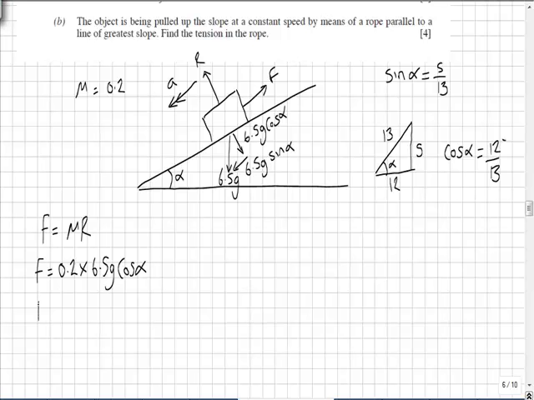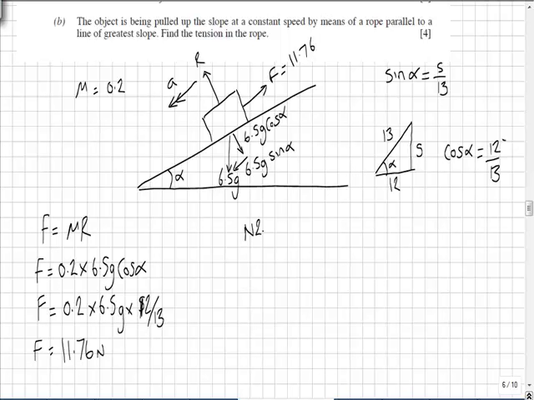Cos alpha we know is 12/13. So now we have a way of calculating the frictional force. That comes out to be 11.76 newtons, which we can now apply to our diagram.